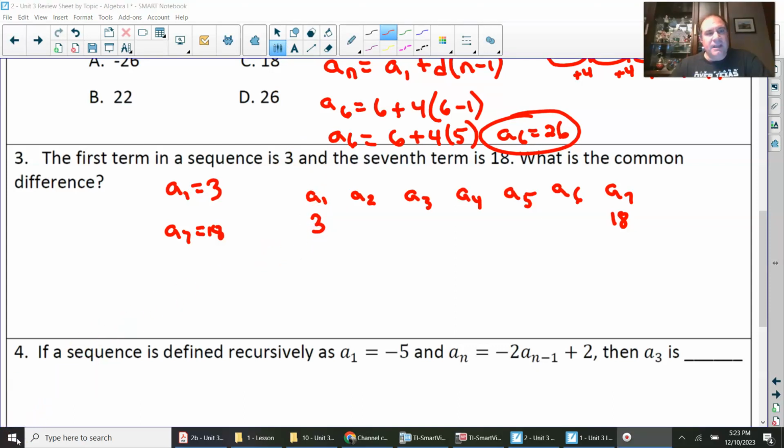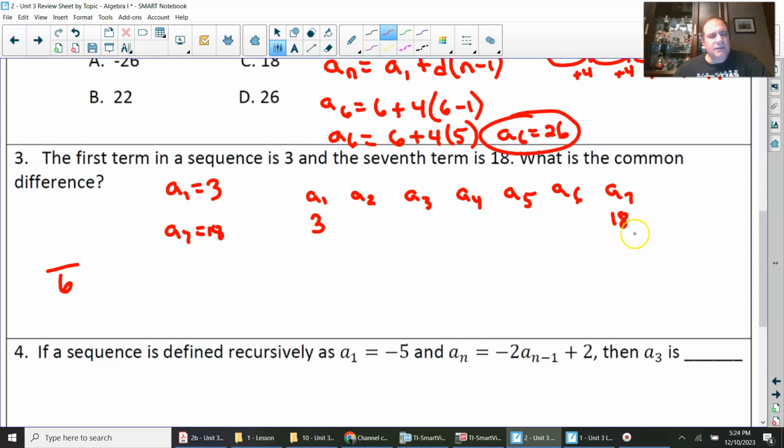So I originally said there were 6 jumps, right? And right here, we go 1, 2, 3, 4, 5, 6. So 6 jumps. In the 6 jumps, I'm going to have to do something different here. It goes from 3 to 18.